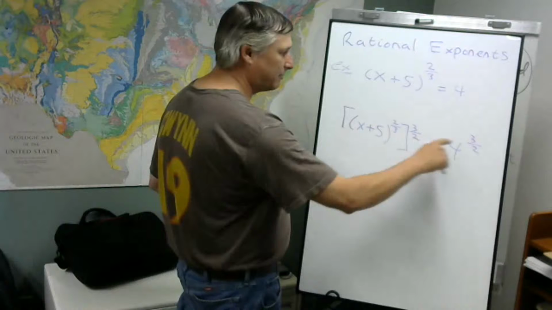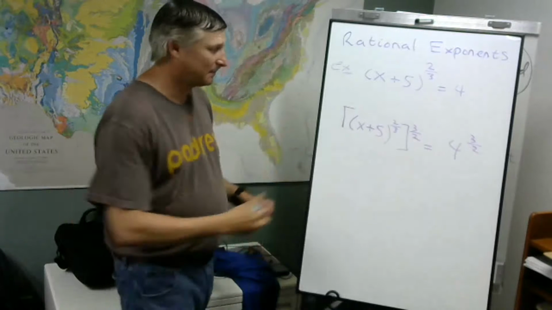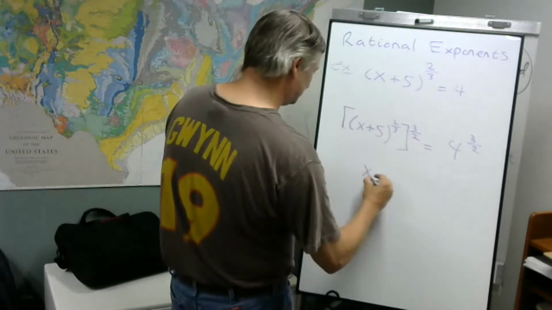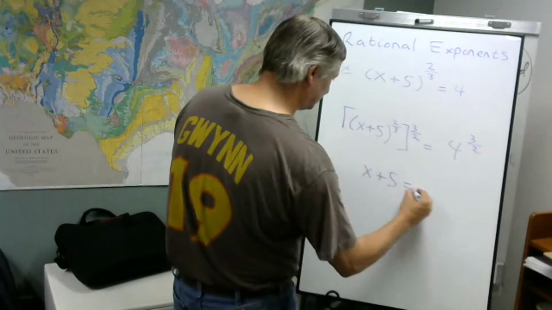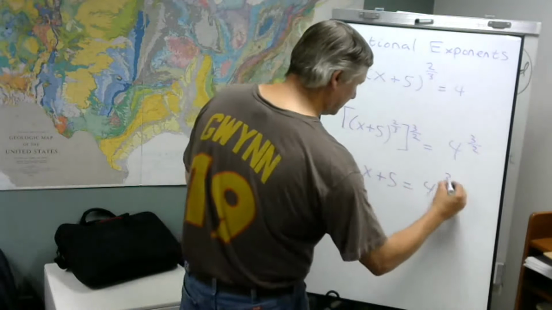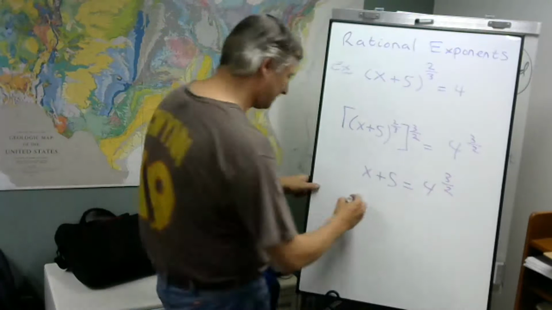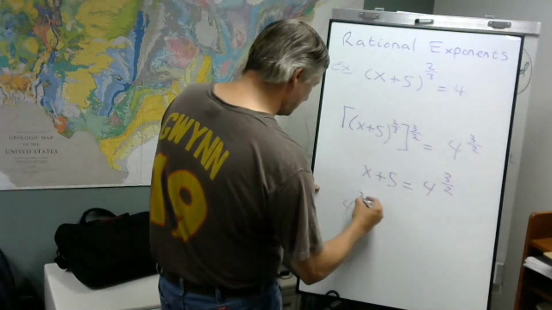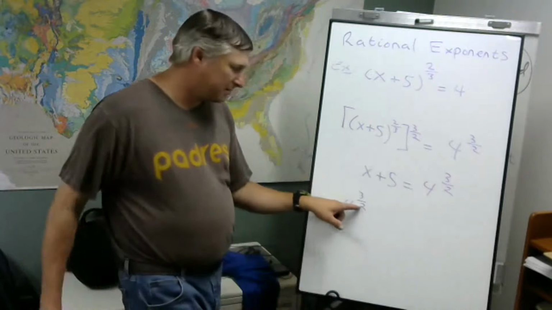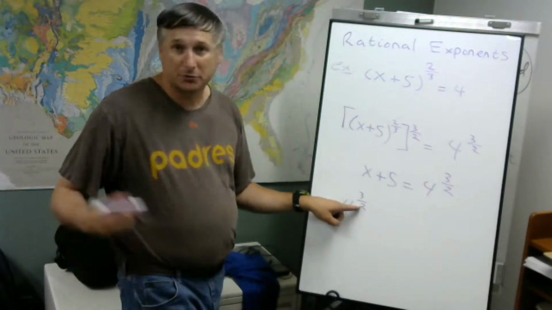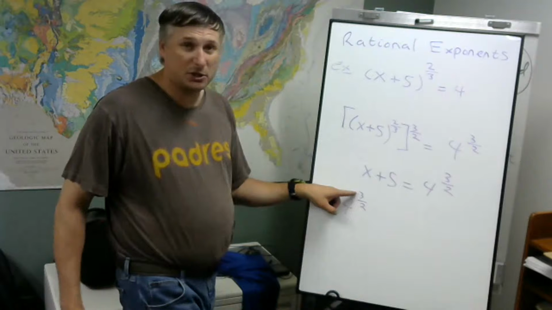But what we do to this side, we have to do to the other. Now what's 4 to the 3 halves? Well, this is going to mean an even root or a square root, and this is going to be cubing.